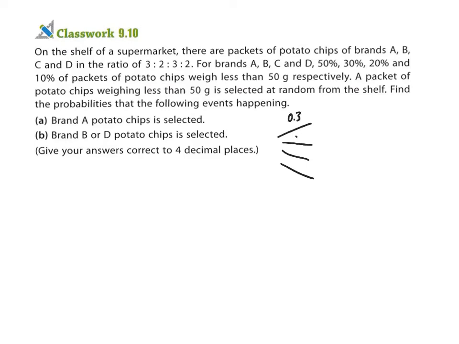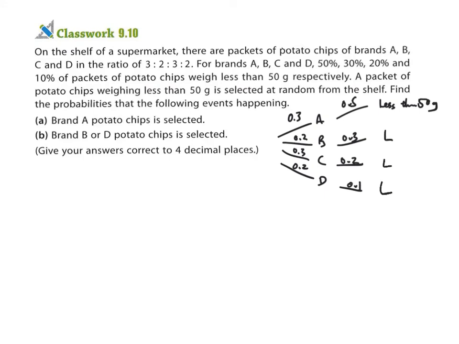So 0.3, 0.2, 0.3, 0.2 become A, B, C, D. And then the result of weight less than 50 grams will be for brand A 0.5, and then 0.3, 0.2, and 0.1.